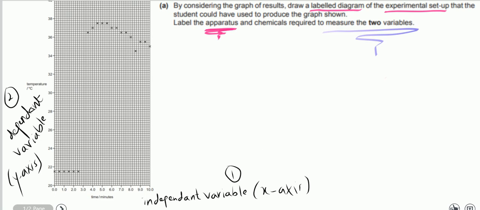To figure out these two variables, we just look at the graph, because they have already provided us the variables on the graph.